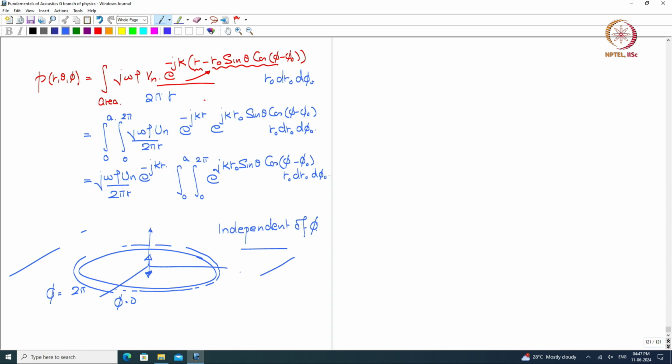So, what we will do is we will set phi equal to 0. If we do that, my pressure at a certain r, at a certain theta, at a certain phi is given by j omega rho un by twice pi r e to the power of minus j k r, integral 0 to a, integral 0 to twice pi e to the power of j k r0 sin theta cos phi 0 r0 dr0 d phi 0.